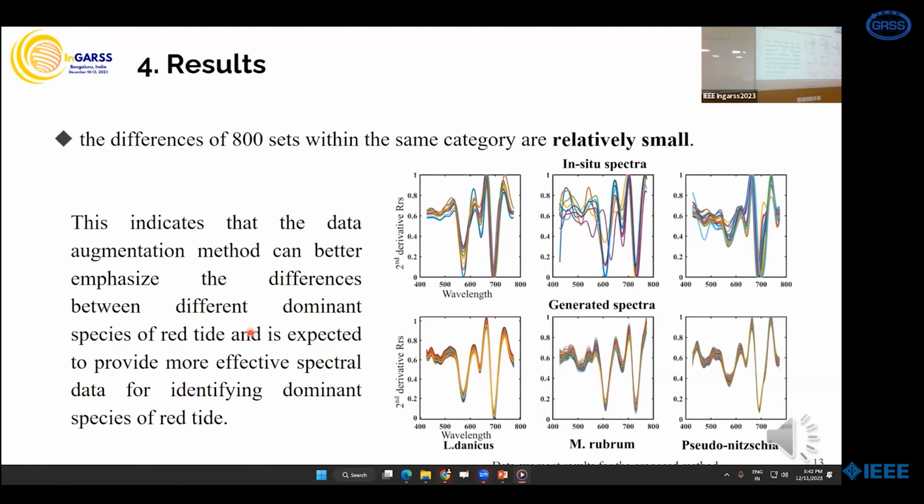This indicates that the data augmentation method can better emphasize the difference between different dominant species of red tide, and is expected to provide more effective spectral data for identifying dominant species of red tide.